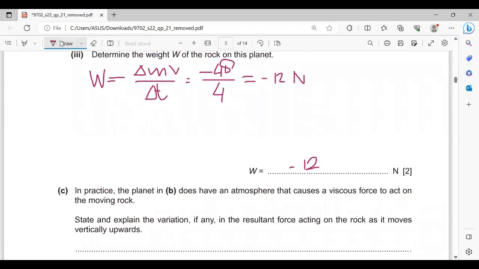Next, in practice, the planet in part B does have an atmosphere that causes a viscous force to act on the moving rock. State and explain the variations, if any, in the resultant force acting on the rock as it moves vertically upwards.